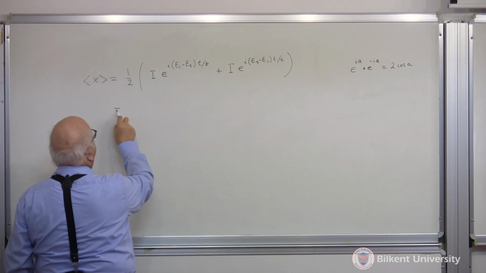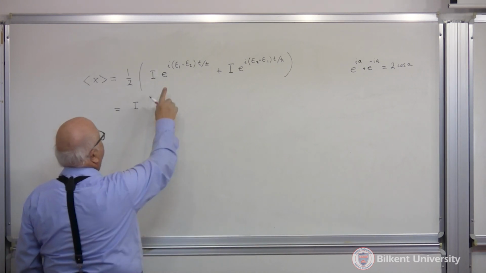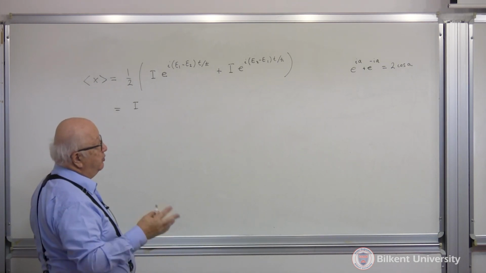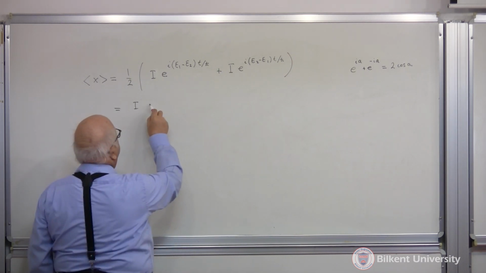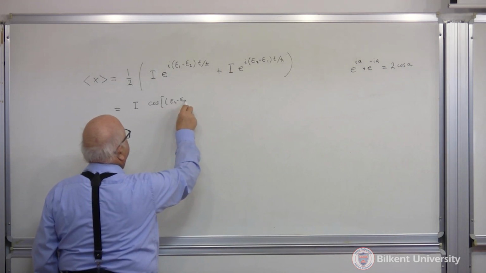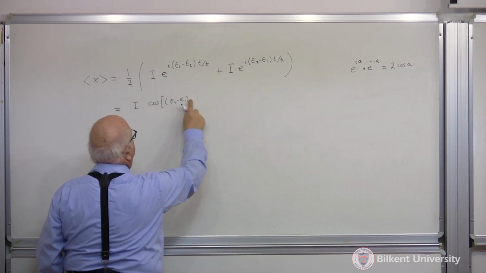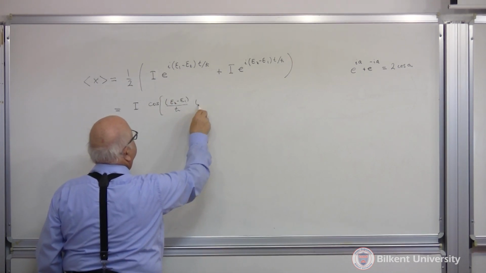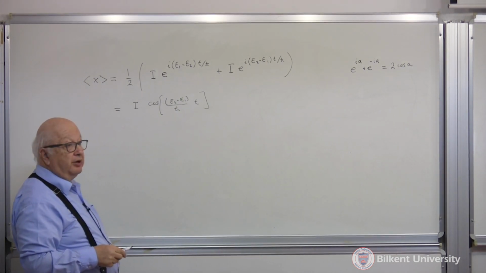So I get I, whatever that integral is, and it doesn't really matter which one I choose as the plus and which as the minus, because cosine is symmetric under a going to minus a. So I can choose the positive quantity, E2 minus E1 over h bar, times t. So cosine of (E2 minus E1) over h bar times t.